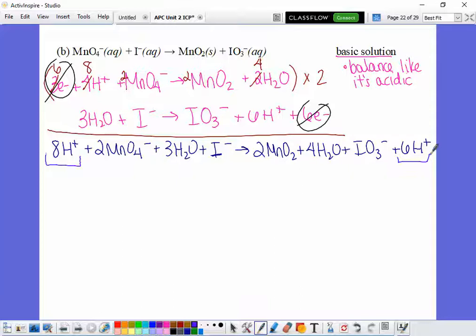So this cancels out to be 2 H pluses going in. Just like with net ionic equations, the only difference here is we didn't have the exact same number on both sides, so it doesn't completely cancel, it just reduces down. Same thing with our waters. We have 3 going in and 4 coming out. So what's our net? 1 out. So the 3H2O cancels, and that reduces down to just 1.